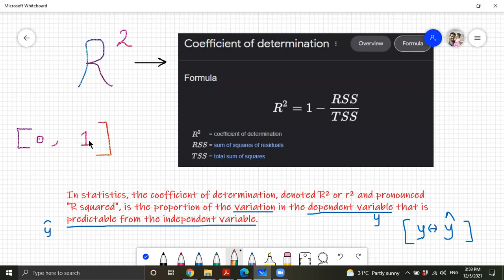If the r squared is 1, that means it's a good model, right? We want this r squared to be 1. If it's 0, it's a bad model. We don't want this. We want r squared with a high value, so we need it to be nearly 1.